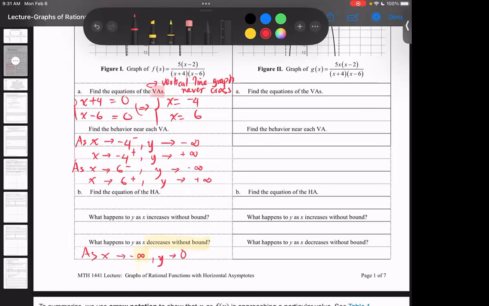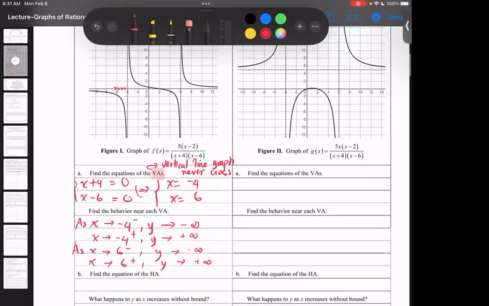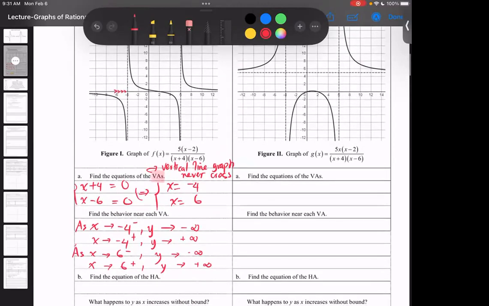I say approaches 0, I don't mean it's equal to 0. Okay. What about when x approaches positive infinity, when it's increasing without bound? The function goes the same, right? You go all the way to infinity. My function looks like it's kind of squashed down to 0, right?